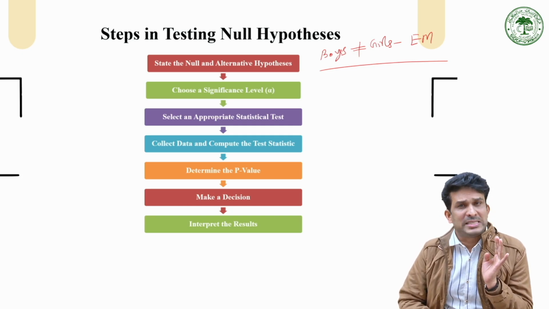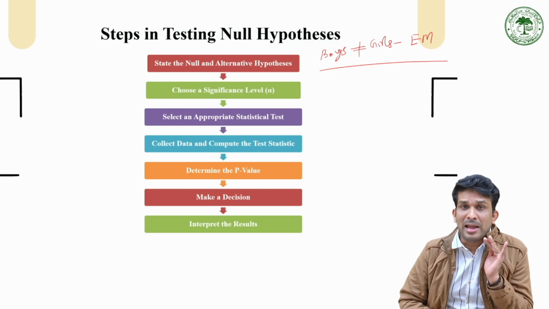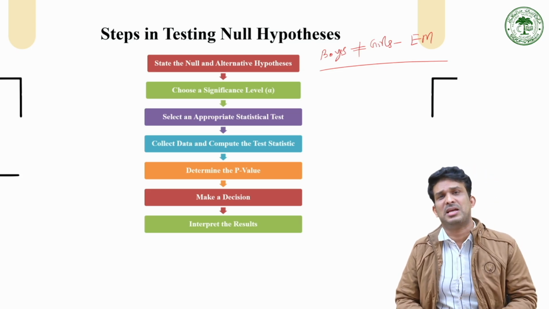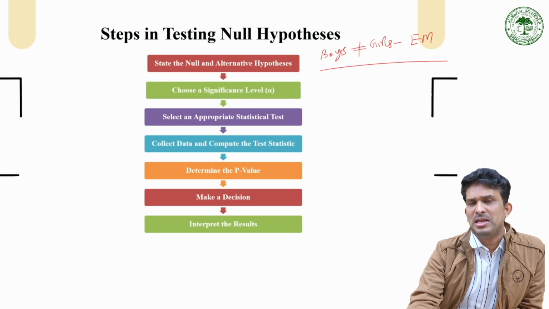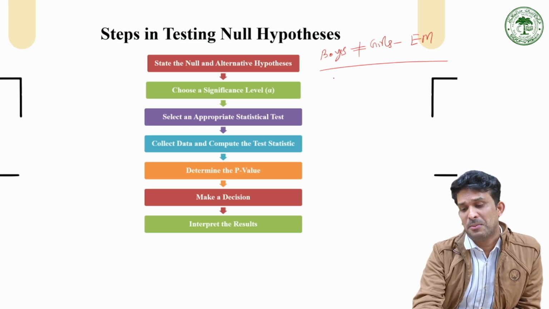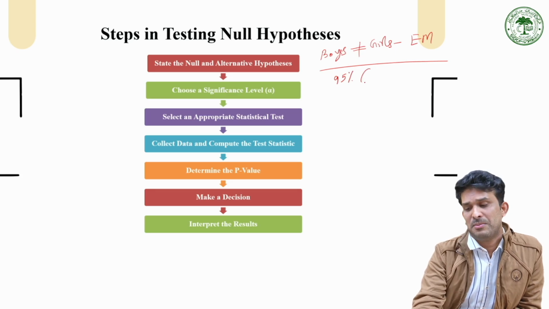Now I have to decide, when I do some statistical calculation, which level of significance I mention. Generally, in statistical software like SPSS and Jamovi, we go for the 95% confidence limit, that is the 0.05 level.